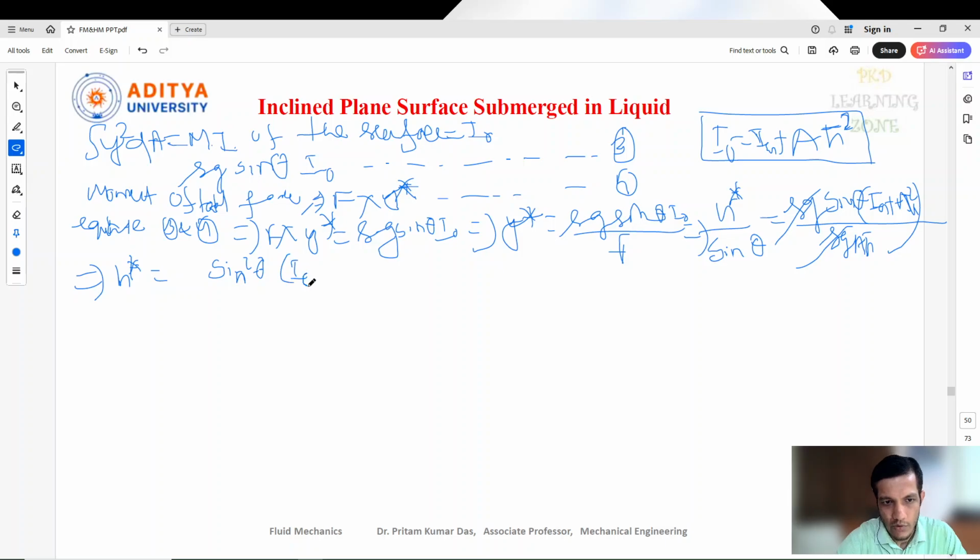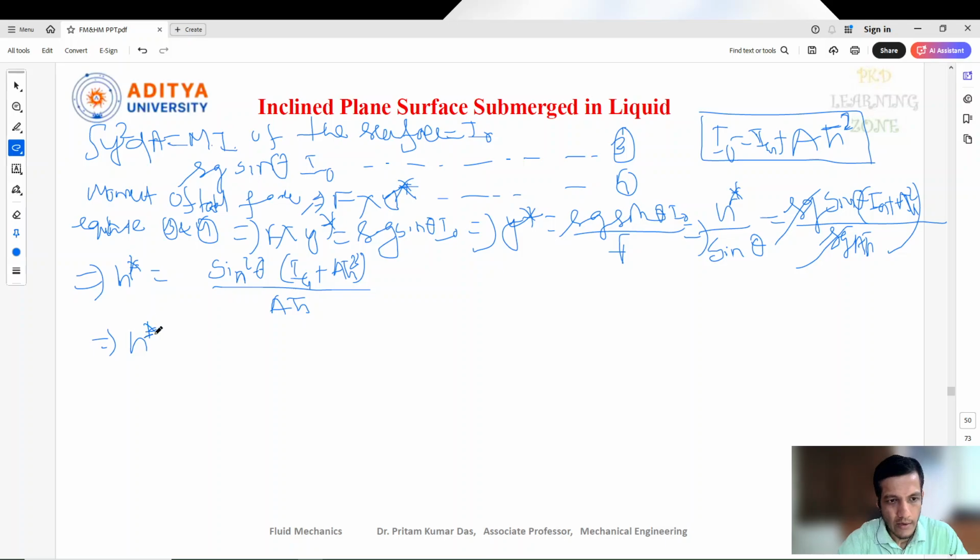into Ig plus A h bar square divided by A h bar. Yeah, now again we can write, let's split it, this one.